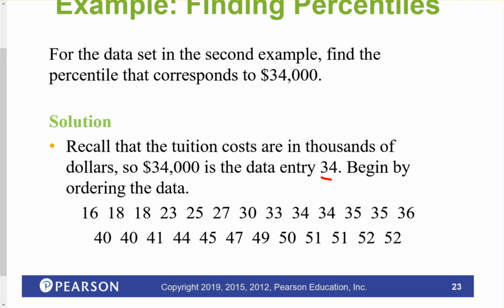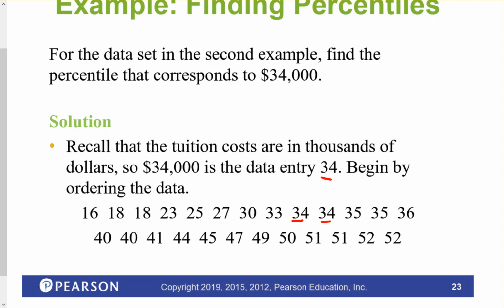Okay, so here's the data ordered from least to greatest. Here we have 34. We want the number of data values less than 34, right? So 1, 2, 3, 4, 5, 6, 7, 8. 8 values are less than 34.